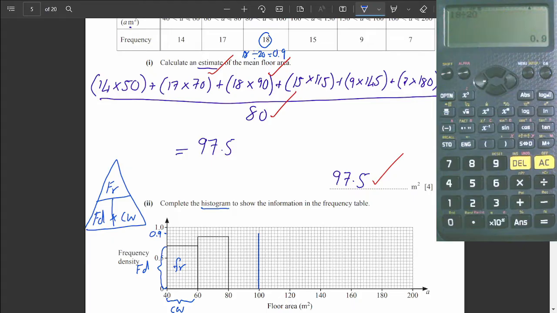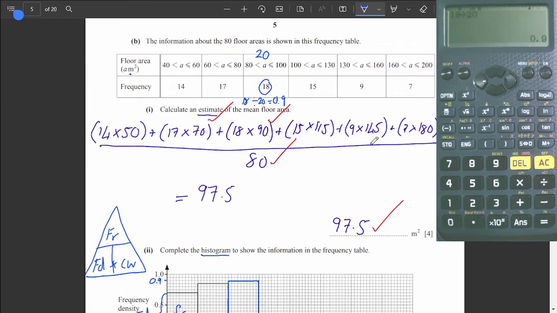In the examiner's report, they specifically mention students losing a mark because they went to 0.95 instead of 0.9. So make sure you got the two square space. As well, it was mentioned to use a ruler and a pencil. Students lost marks because they did not use a ruler and their work was not accurate enough.